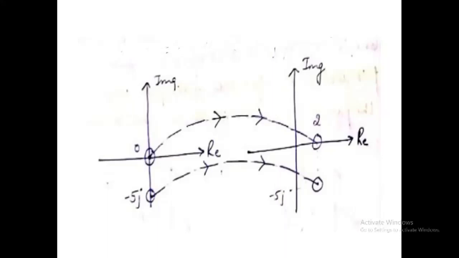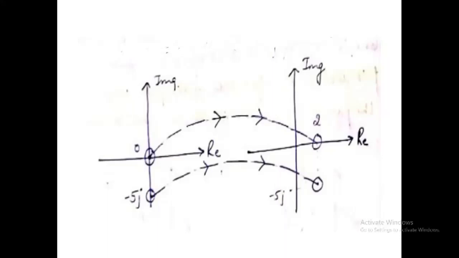As per the principle of argument, N is equal to P minus Z, where N is the number of counterclockwise encirclements made of the critical point, positive for P(S) having counterclockwise direction and negative for P(S) having clockwise direction.